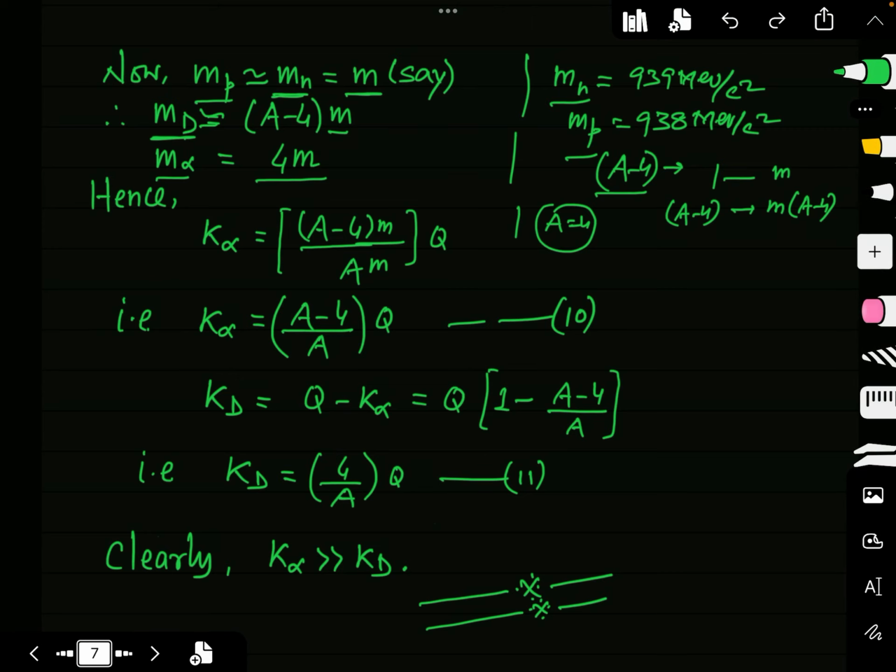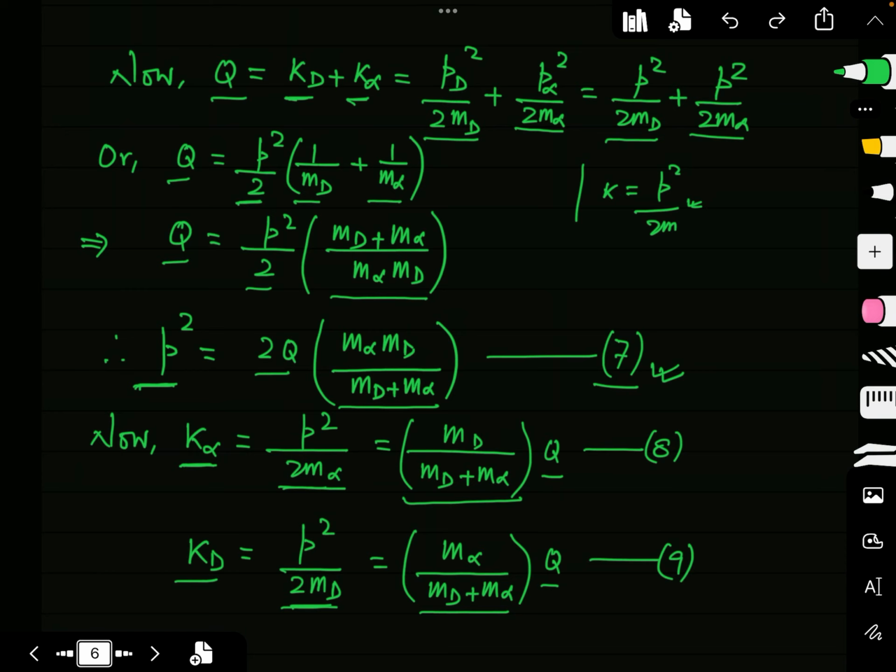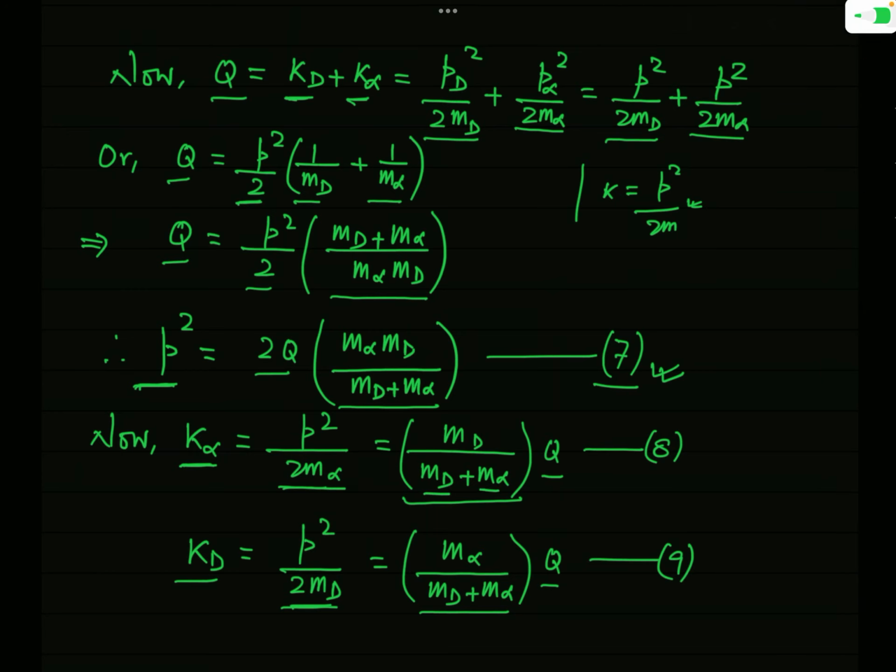In the denominator there is m_d plus m_alpha, but the mass number will be A minus 4 plus 4, which is simply A. It means this is just the mass of the parent nucleus.